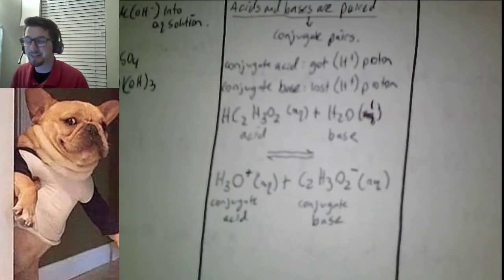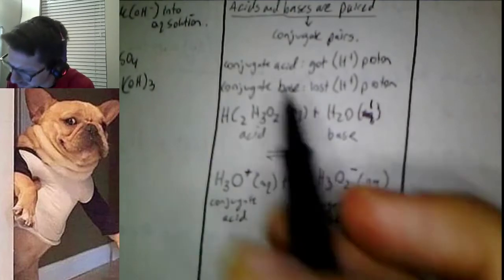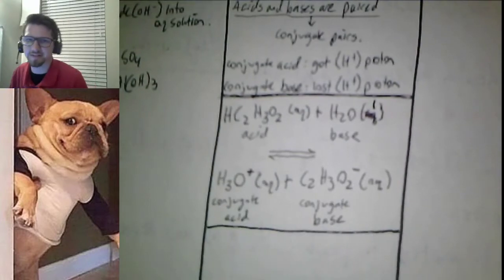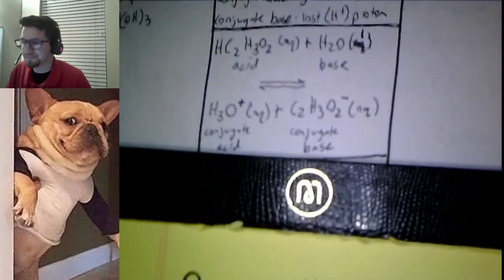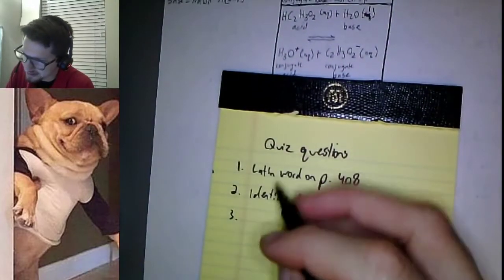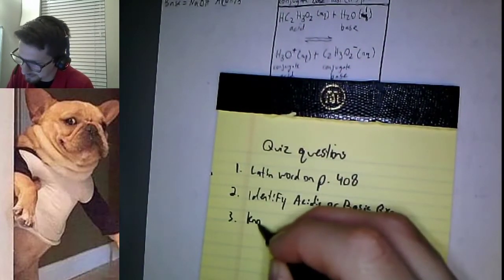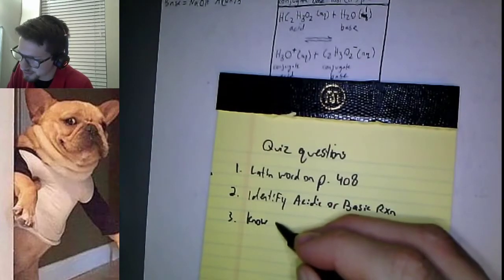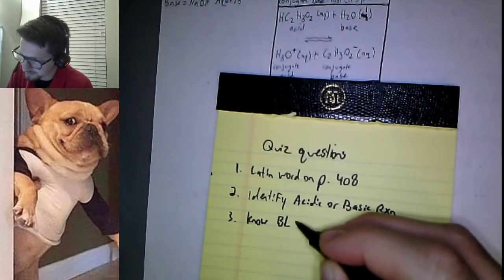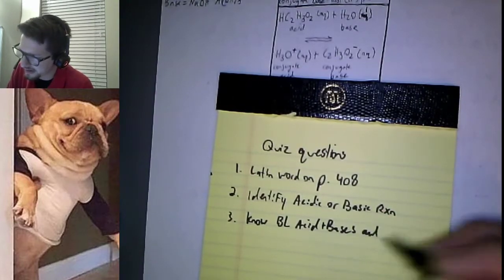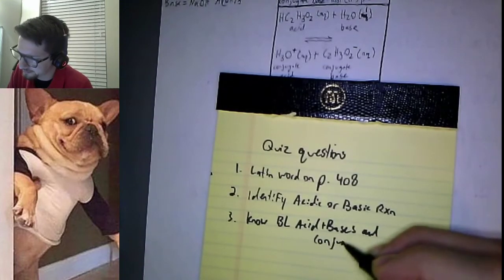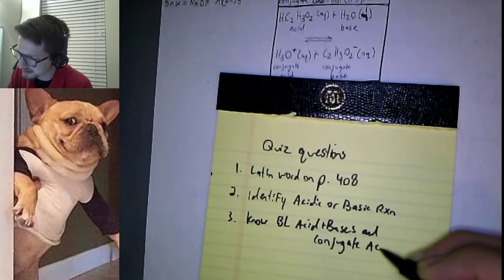I'd look at the example in the book if I were you guys. It's super helpful. I'm going to box this in because it makes my OCD happy. I'd look at the example in the book, and you didn't really hear it from me, but I'd recommend that you guys know the difference between the Bronsted-Lowry acids and bases and what's going to be the conjugate acids and bases.